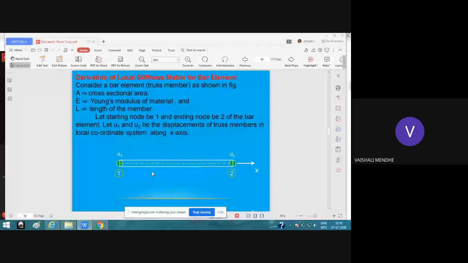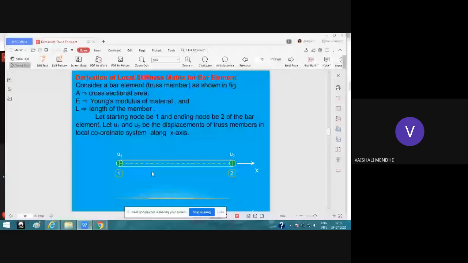Let the starting node be 1, and the ending node of this member will be 2. u1 and u2 are the displacements of the truss member in the local coordinate system along the x-axis. Generally for the local coordinate system, displacements are denoted with small letters.